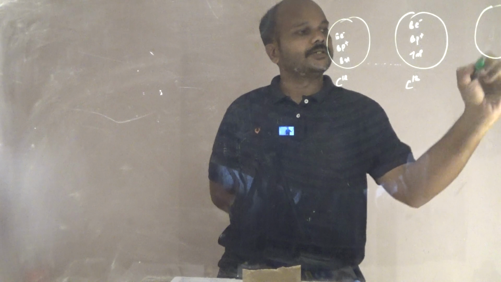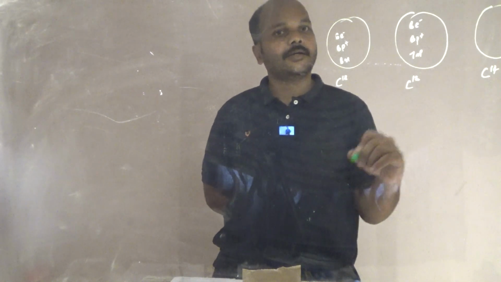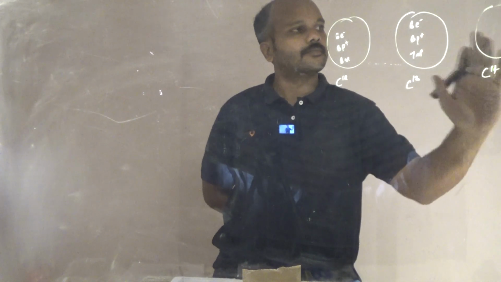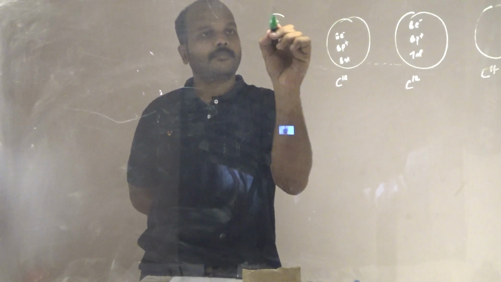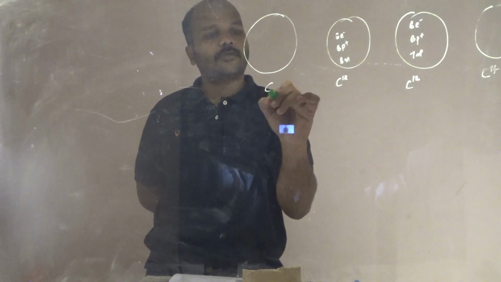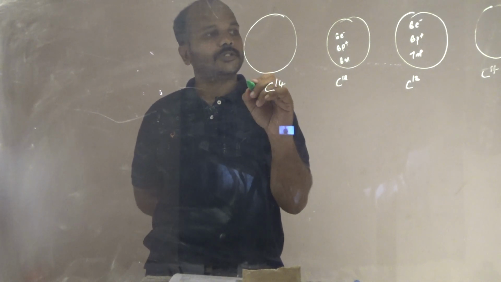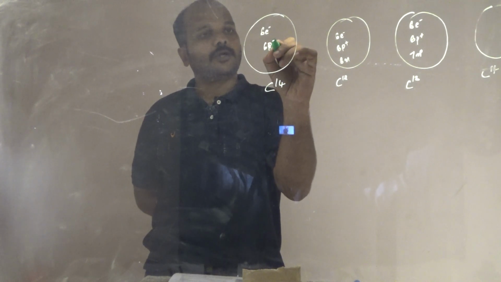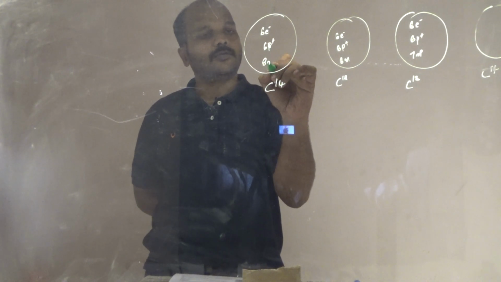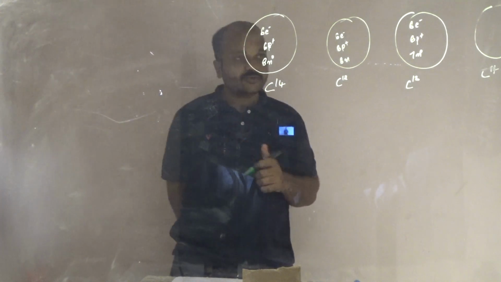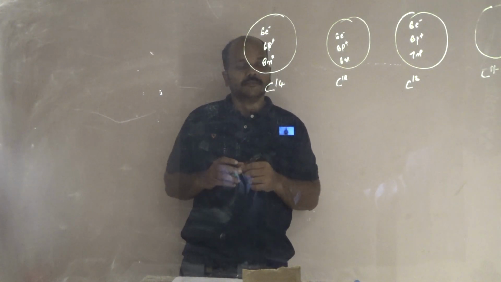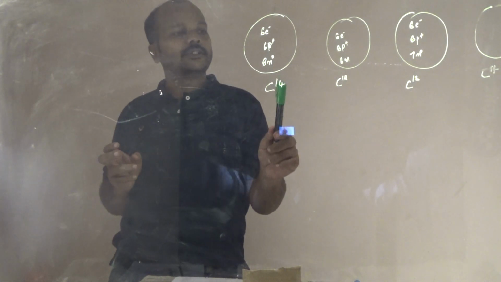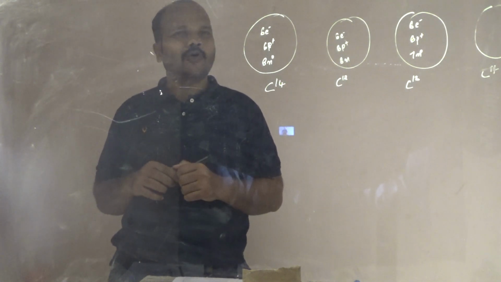And C14, on the other hand, I'll draw it. C14 has 6 electrons, again 6 protons, and 8 neutrons. Here C12 and C13 are normal elements.